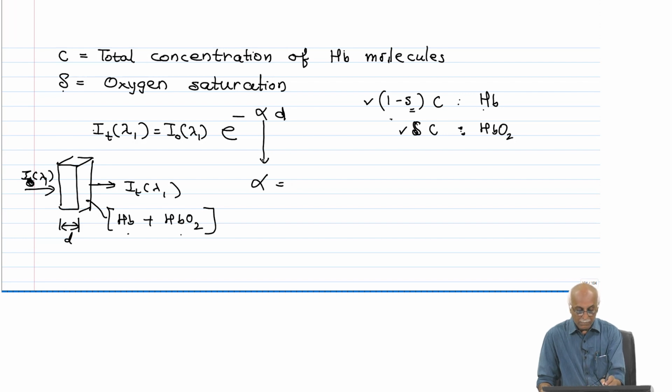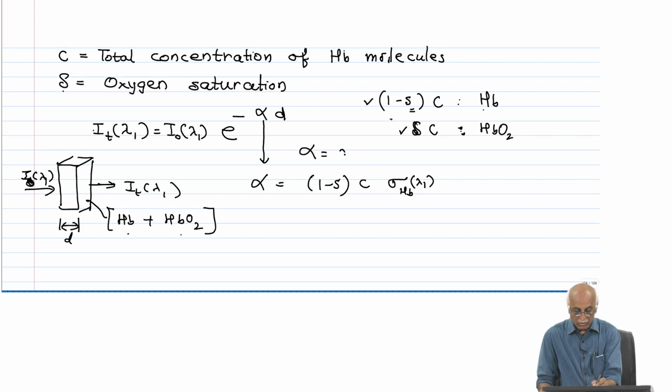Alpha is nothing but the absorption coefficient, and for hemoglobin it will be (1 minus S) into C into sigma of hemoglobin at lambda 1. What is alpha?